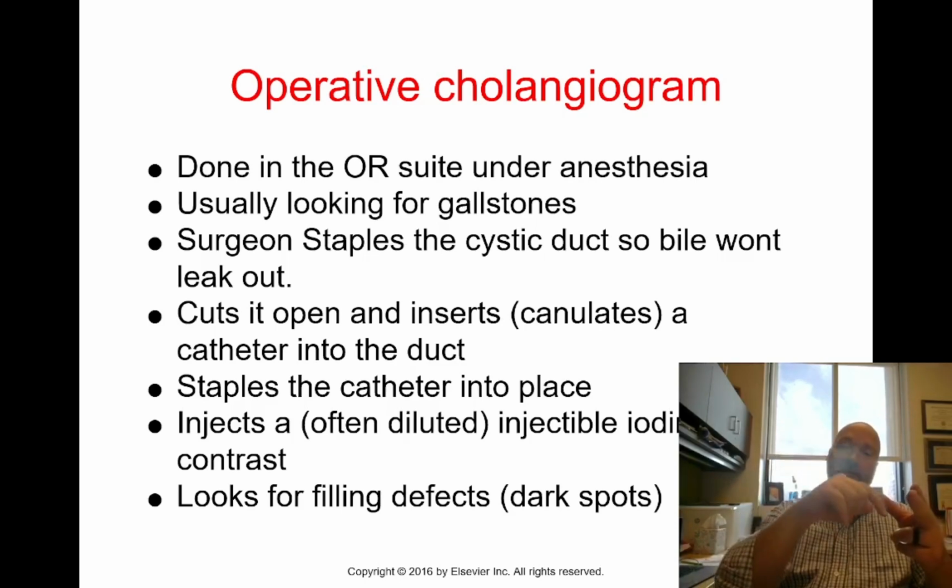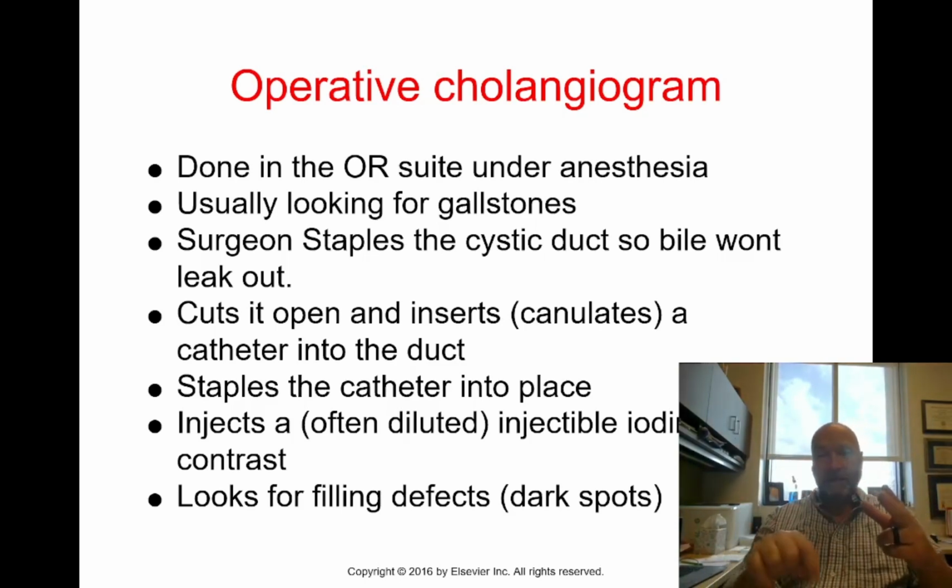They'll make a small slit, and then they'll feed a catheter into the duct, and then they'll also staple that in place. So what they'll do then is inject contrast and watch as the contrast goes both up into the biliary tree and also all the way down into the small intestine. And what we're looking for there are filling defects. So the contrast shows up really bright, so it's a real white appearance.